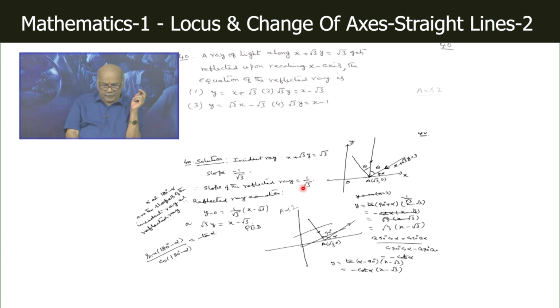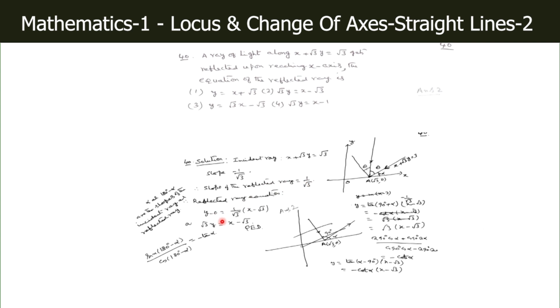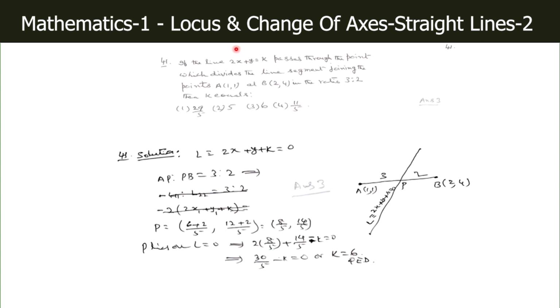So the reflected ray equation is y minus 0 is equal to 1 by root 3 into (x minus root 3), which is root 3y is equal to x minus root 3. So therefore, the correct option is option number 2.